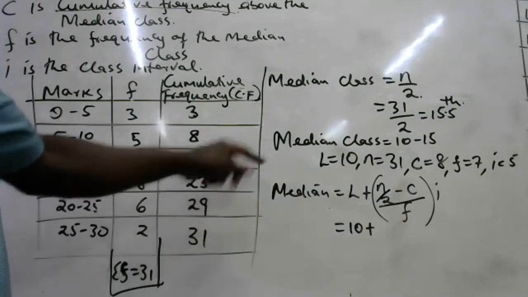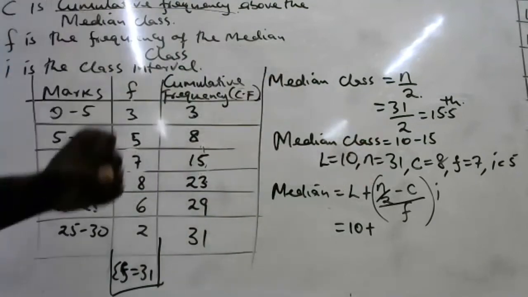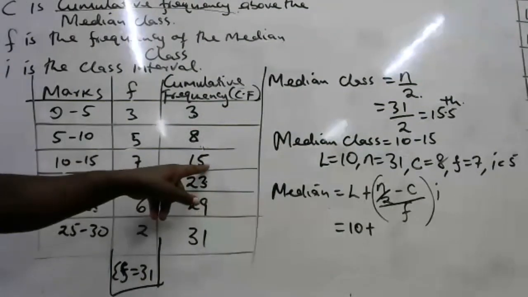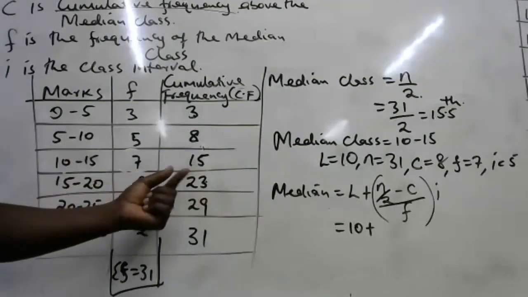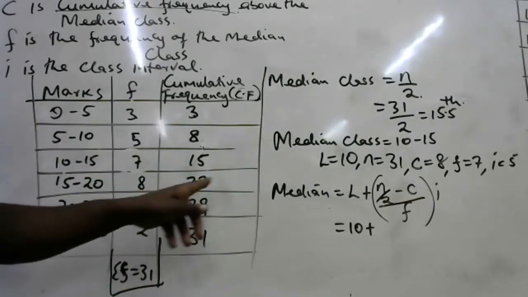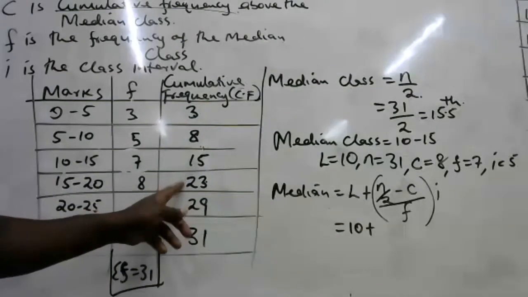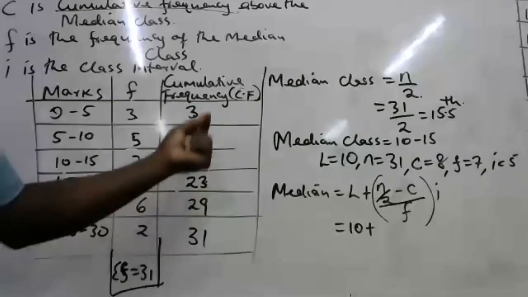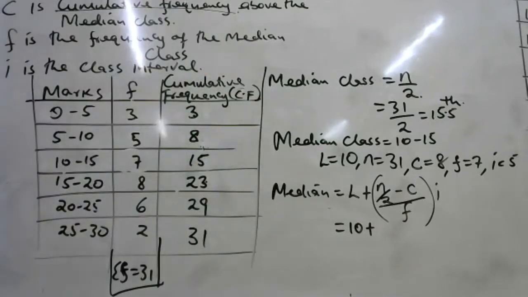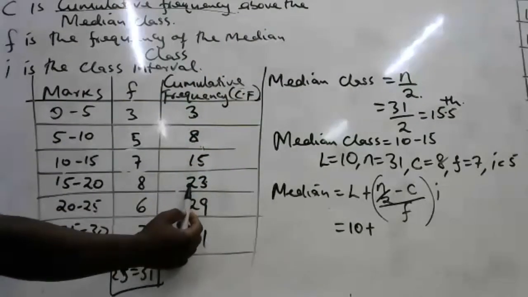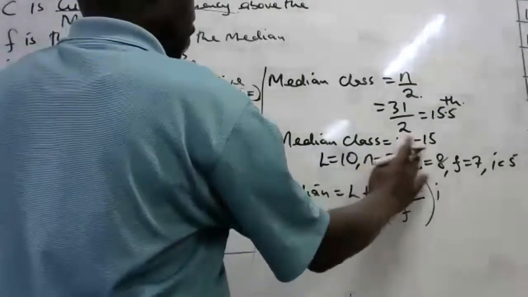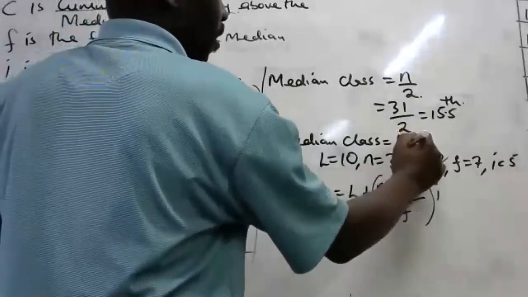If it is 15.5, it simply means that it cannot be 15. 15.5 means that we consider this: a particular student has gone to the other class because it is more than 15. We shall take this one as our median class, which is actually 15 to 20.